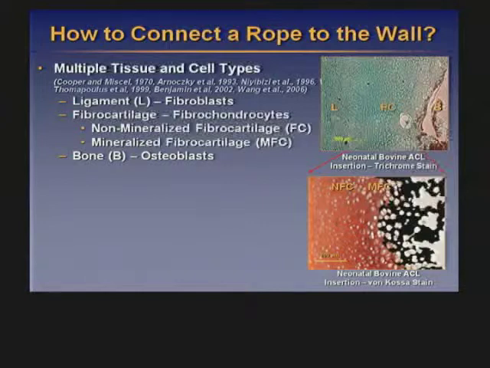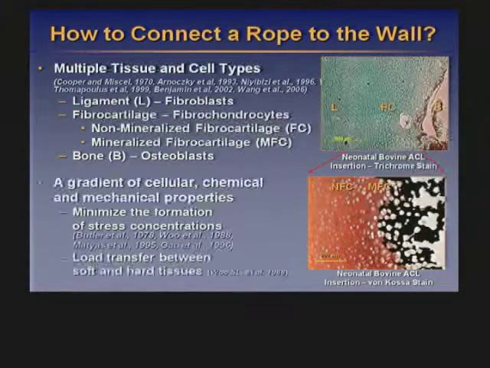So why such complexity? In nature, complexity is not accidental. This complexity is important for a variety of reasons because it results in a gradient of cellular, chemical, and biological properties, and especially mechanical properties, that allows you first to transition from soft tissue to hard tissue. Soft tissue primarily sustains tension, while bone primarily sustains compression.